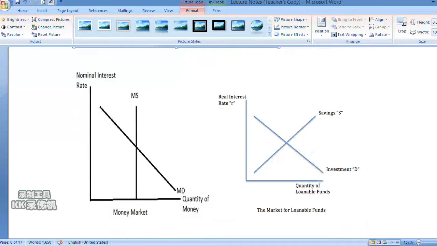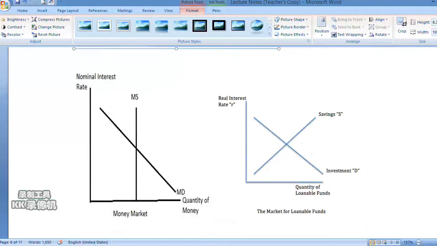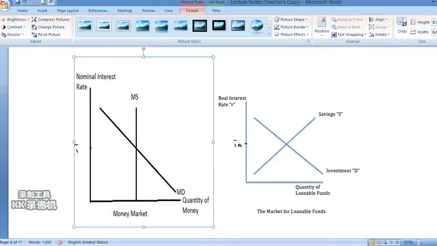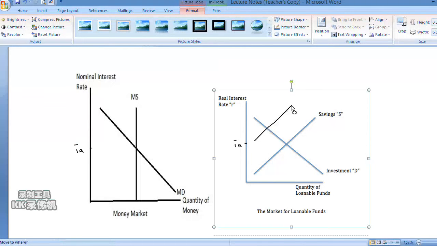Oh, I have two graphs here. So I'll give you a complete picture. So government deficit shifts the savings curve to the left. And then here in the money market, when government spending increases, AD increases, so this will shift the money demand curve to the right.